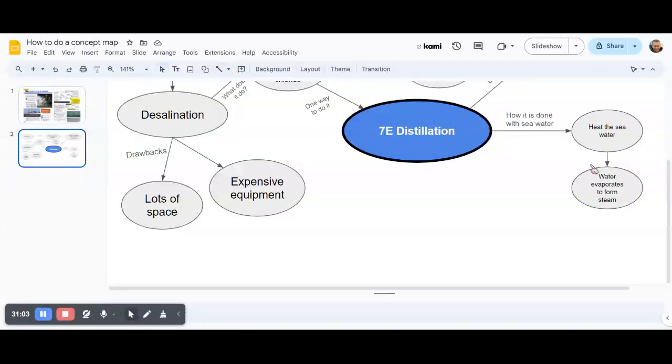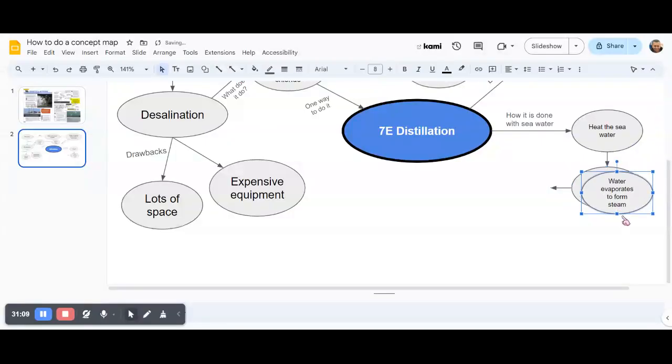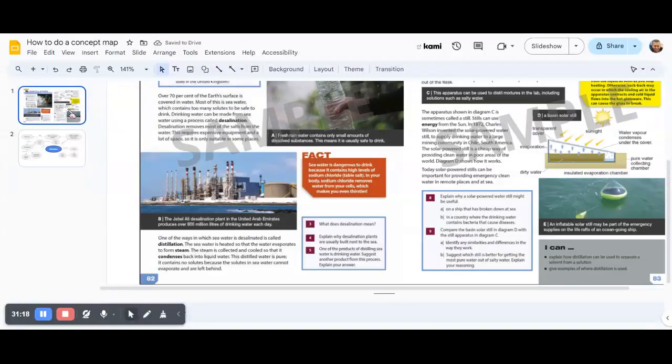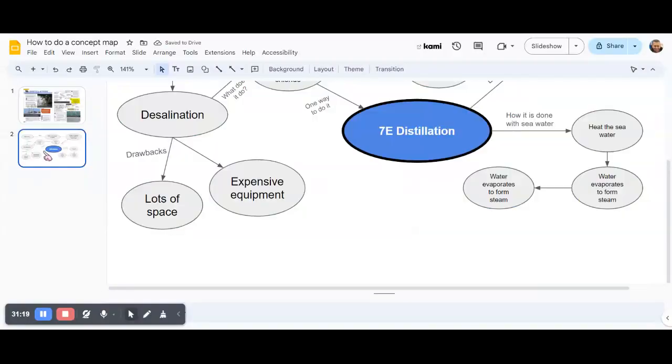Okay, so here what I need to do is I need to have some way of suggesting that the steam is turning back to water. Okay, right, here we go. So the steam is collected and cooled, so it condenses back. Okay, so steam collected and cooled. Okay.